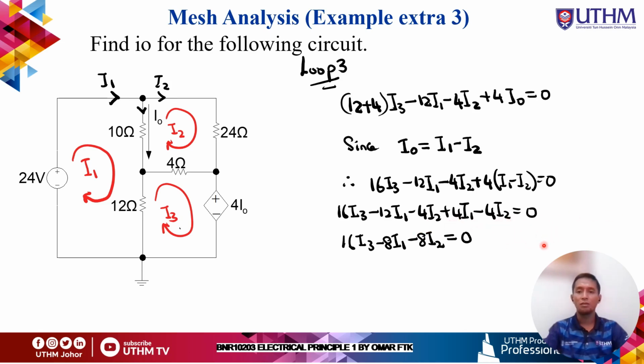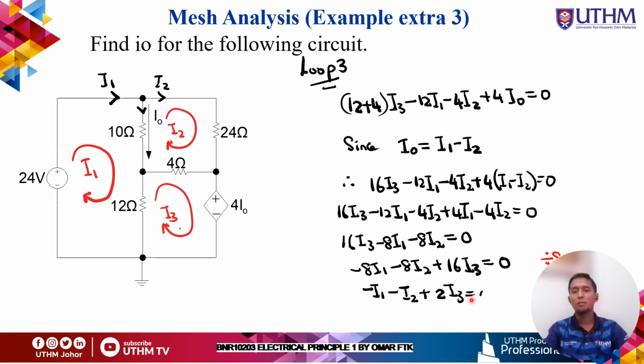So finally you will have the final equation minus 8 I1 minus 8 I2 plus 16 I3 is equal to 0. Still you can simplify this by dividing by 8. Okay, if you simplify this you will have minus I1 minus I2 plus 2 I3 equals 0. So this is the third equation.